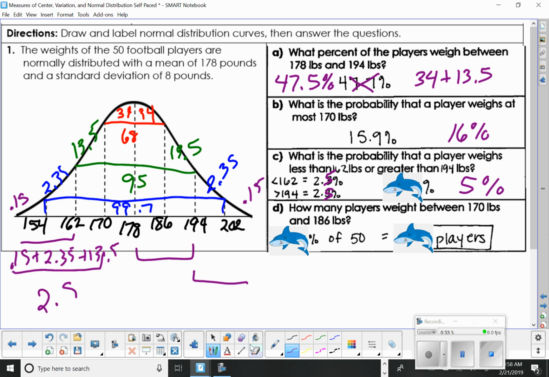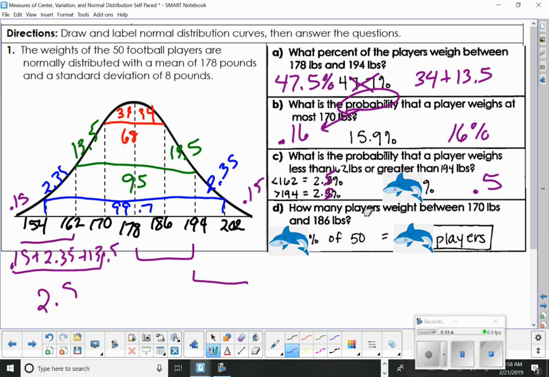Or, whoops, almost forgot, 5% is not probability. Probability is 0.05, okay? And probability up here would be 0.16. Probability is between 0 and 1, percent is between 0 and 100.